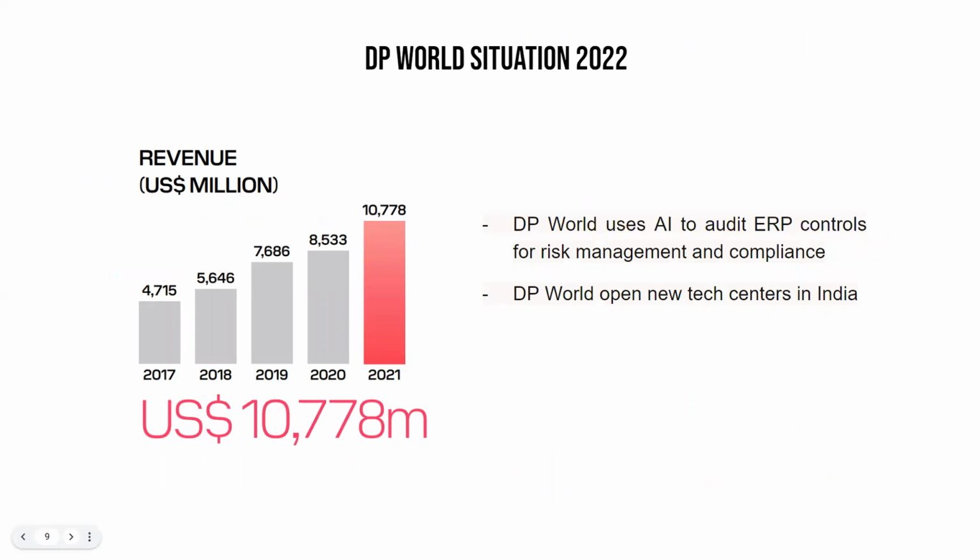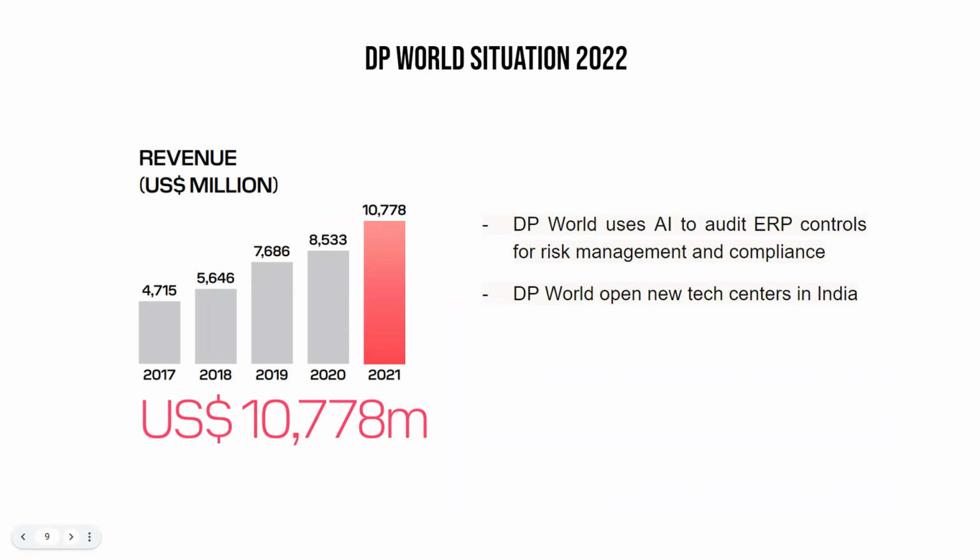And the last slide of our presentation is DP World's situation in 2022. In DP World itself, there is an increase in revenue from 2017 until 2021. Before it was only 4.7 million, and in 2021 it is 10.778 million US dollars.